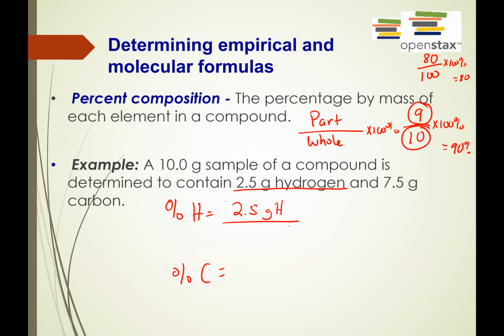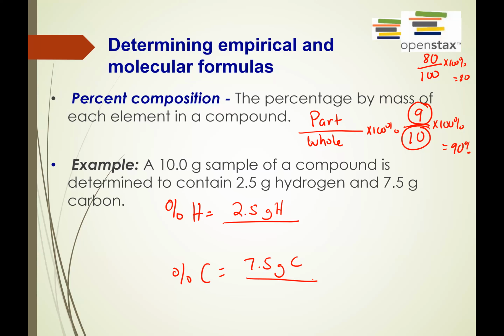What's our whole? Well, first of all, what's our part? Let's do this one part. What's our part of carbon? 7.5 grams of carbon. Now, this compound only contains carbon and hydrogen. So if these are our parts, how much is our whole? What's the mass of the whole thing?